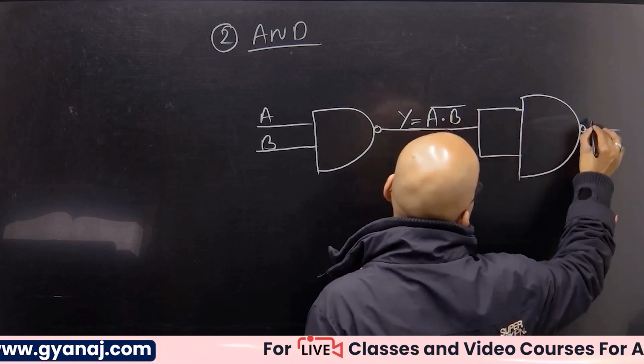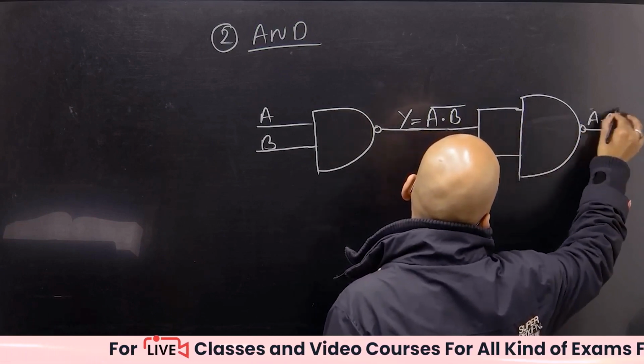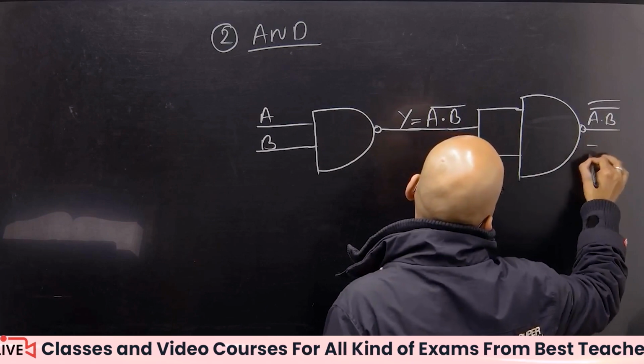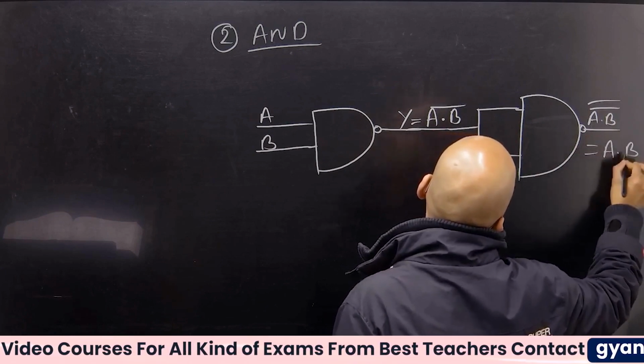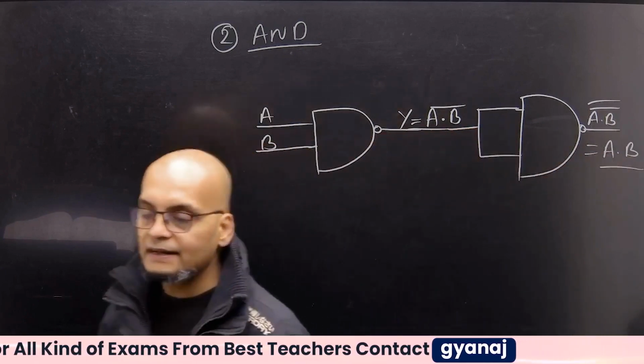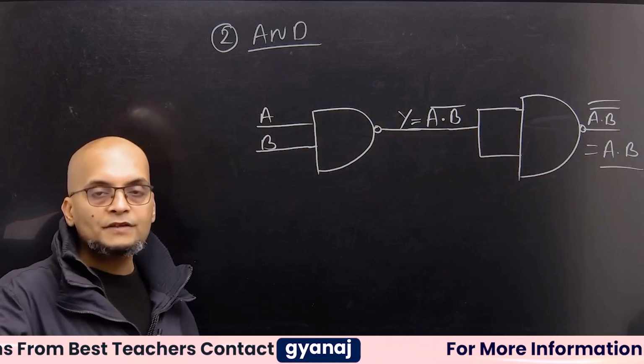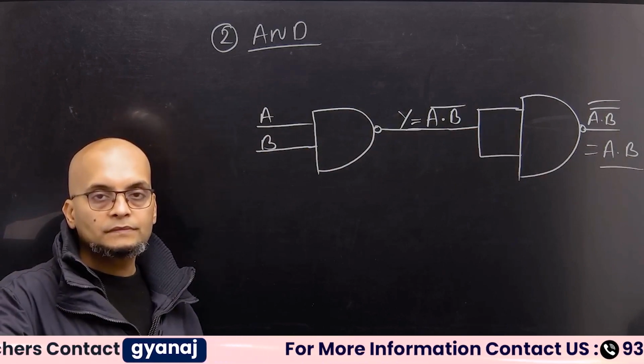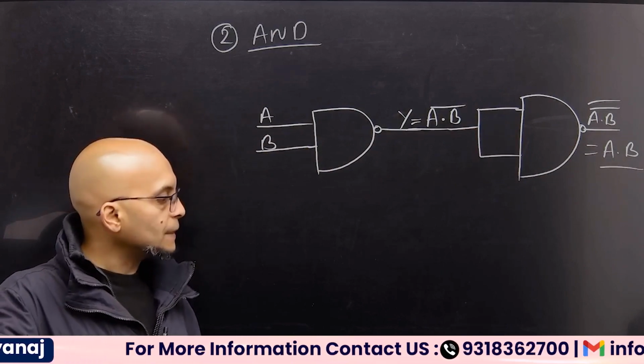So now the complement of this, the complement of A dot B. So the double complement of A dot B, or A and B, will give you A and B. Understood? Okay.